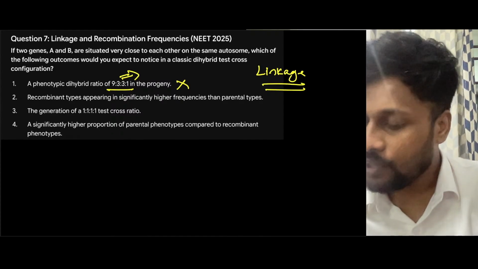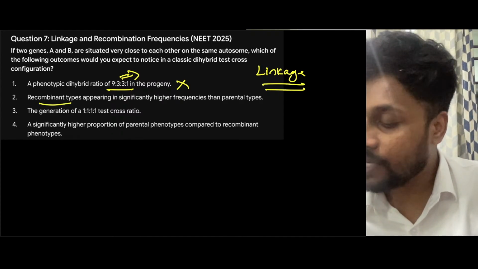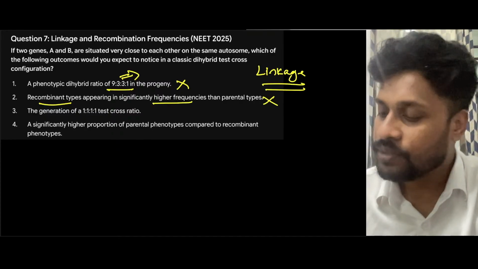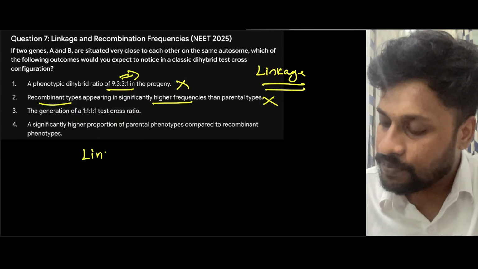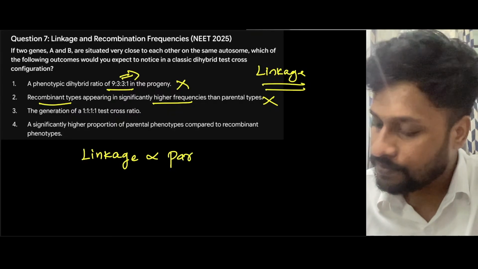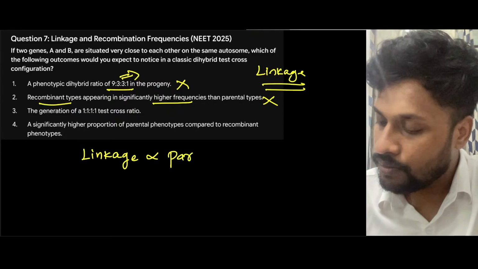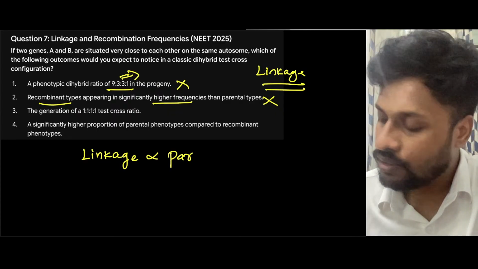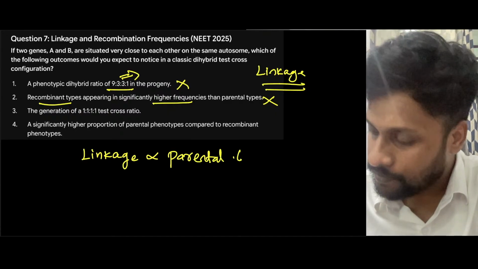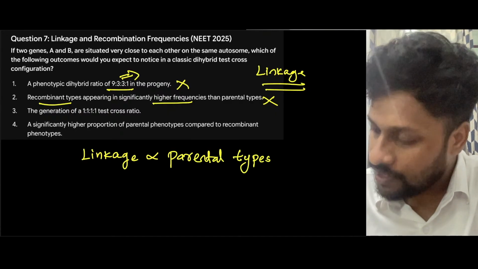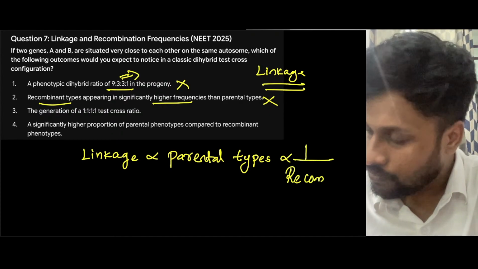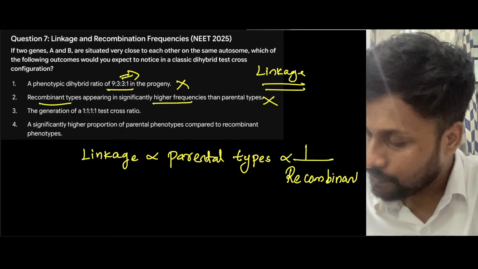Got it? Now, recombinant types appearing in significantly higher frequencies than parental type. No, because if there is linkage, parental type is inversely proportional to recombinant types.